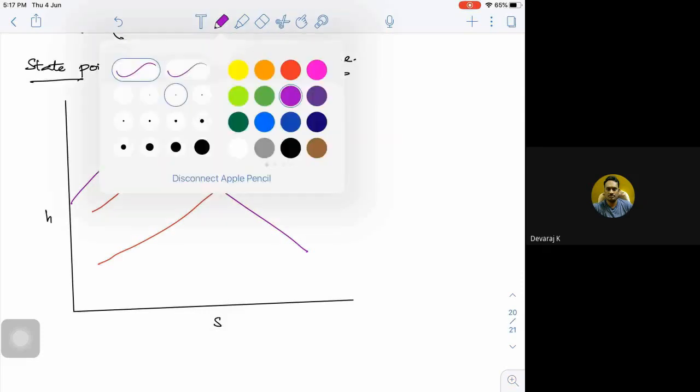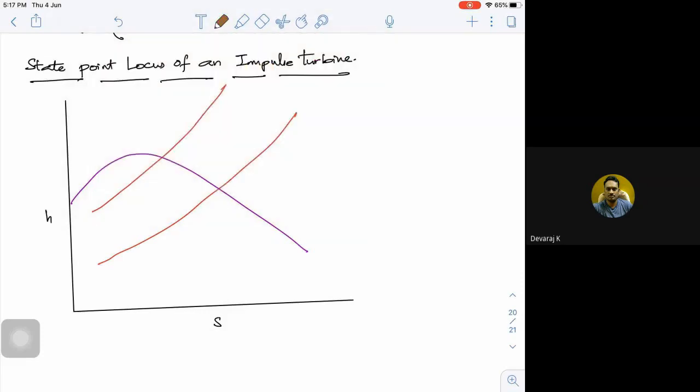Now, if I try to expand from A, so this is my P1, this is my P2. If I try to expand from the point in the superheated condition isentropically, say if I call this A and this B, this is my isentropic enthalpy drop.